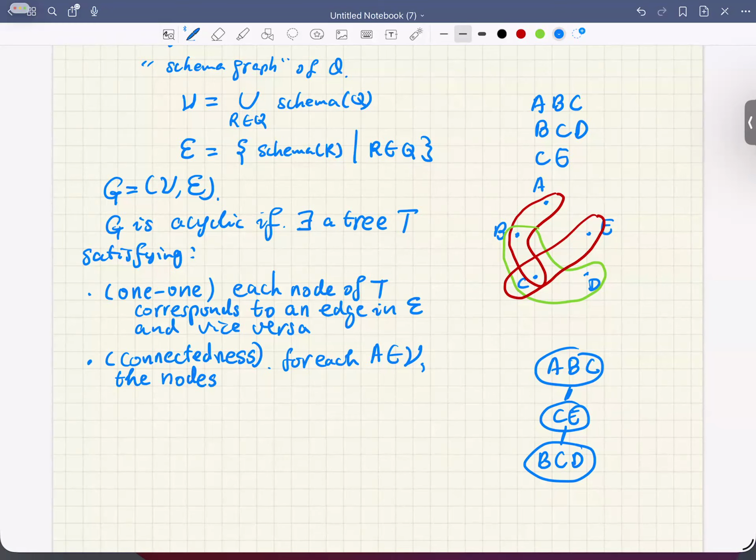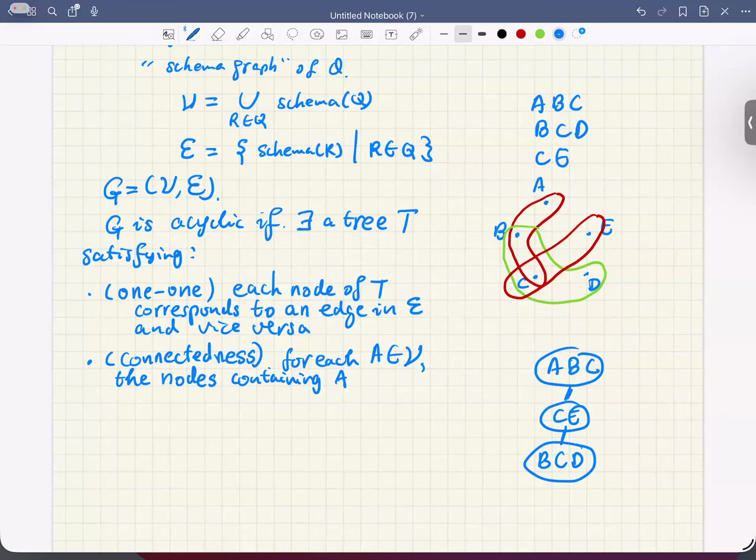When I say node, you should react to this by thinking a hyperedge. It's 1-1 correspondence between nodes and hyperedges, right? The nodes containing A. You see, this is well defined, because every node is a hyperedge, and I can say whether or not this hyperedge contains an attribute.